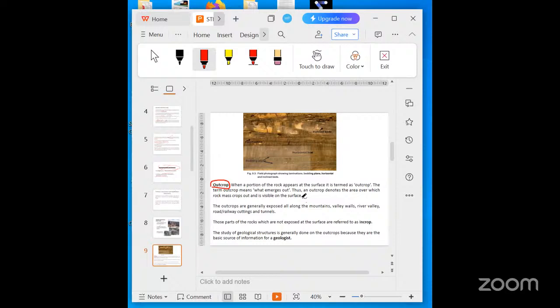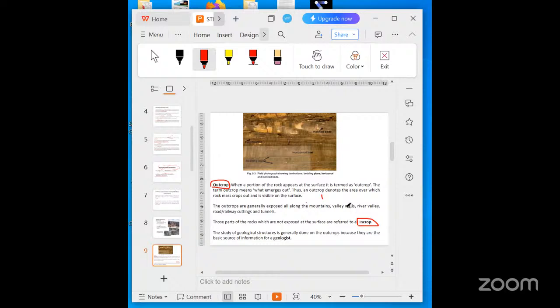If the rocks are not exposed on the surface of the earth, they are referred to as inlier, right? The outcrops are generally visible along valley walls and rivers or nala sections, and also mountains, road or railway cuttings and tunnels.